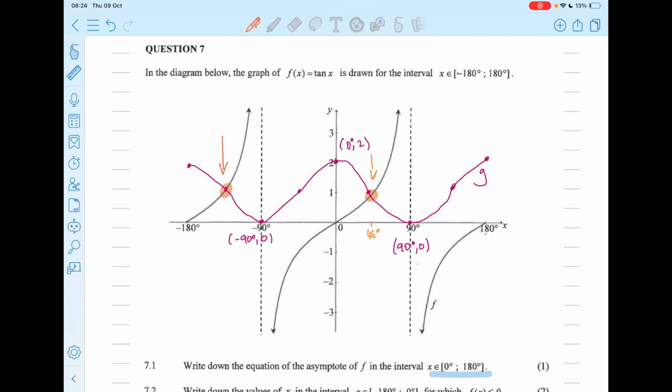We see that same pattern, so this intersection is happening every 180 degree period. And that's it for question 7.